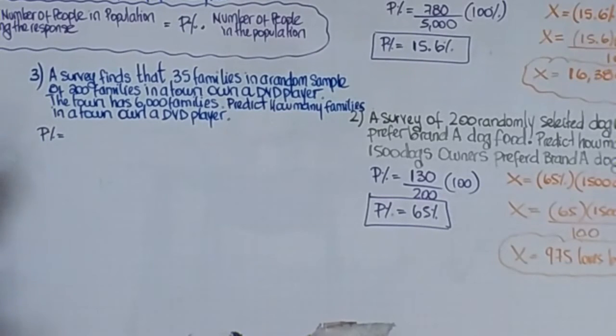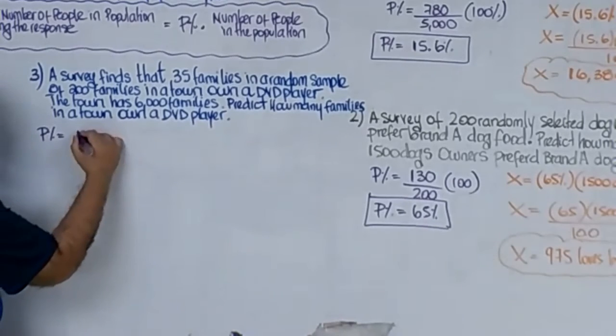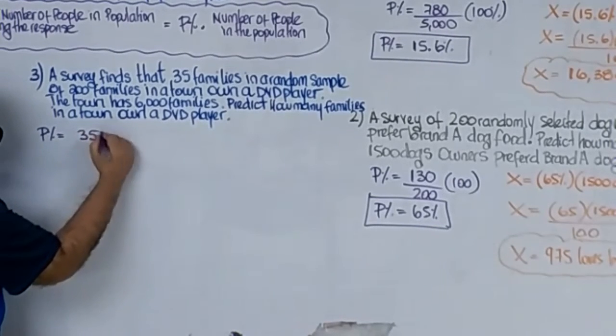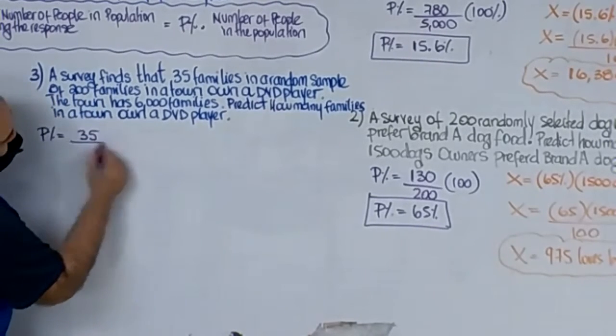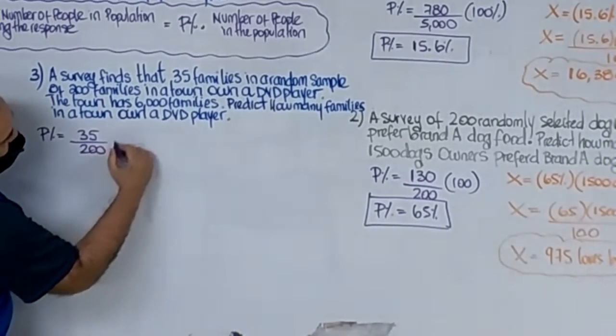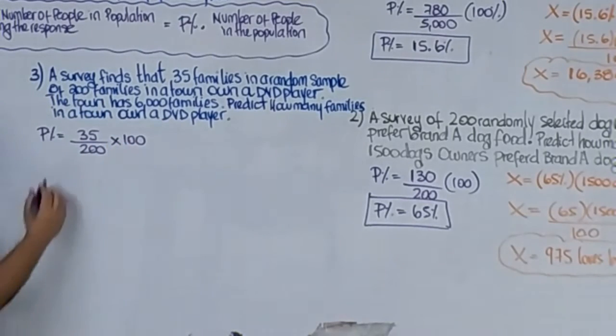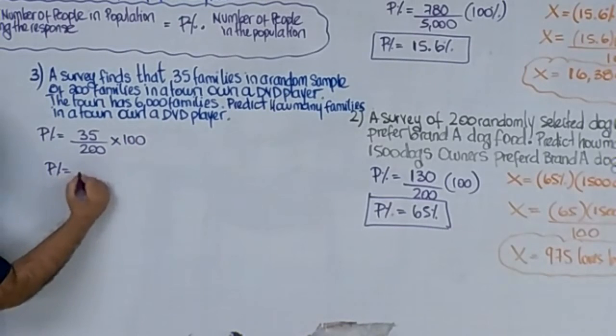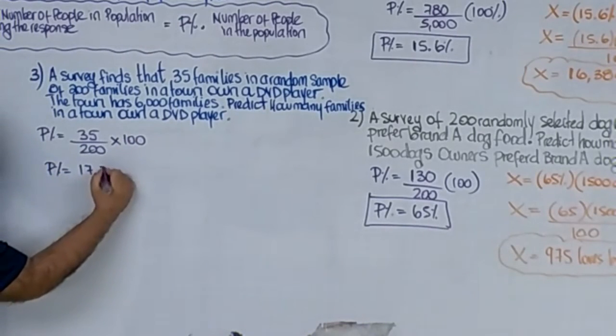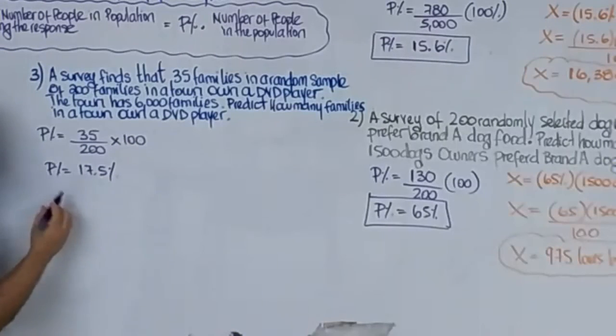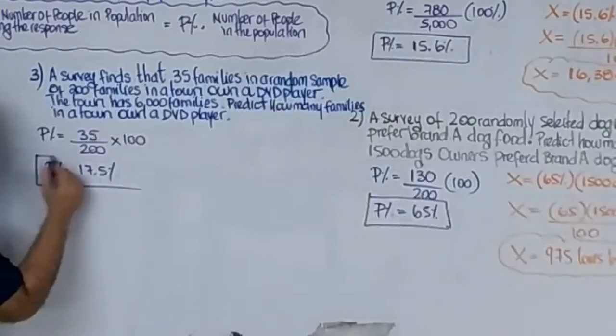What is the sample? 35. 35 divided by the random sample of 200, multiplied by 100, equals 17.5%.